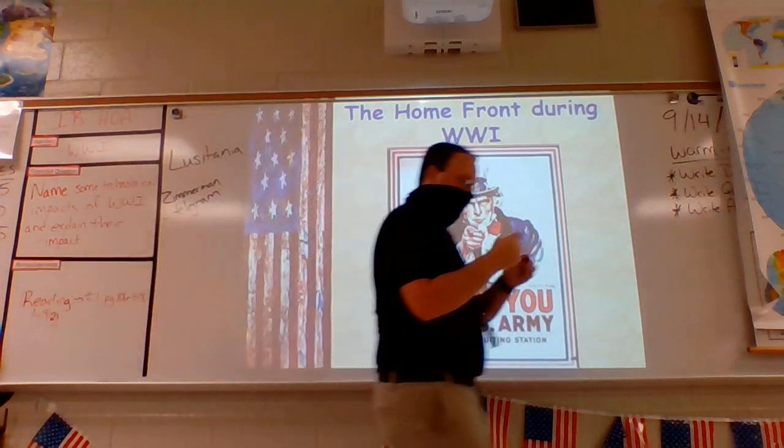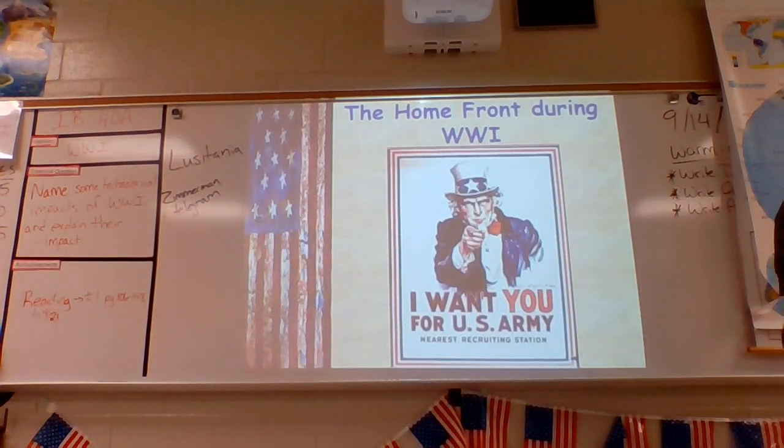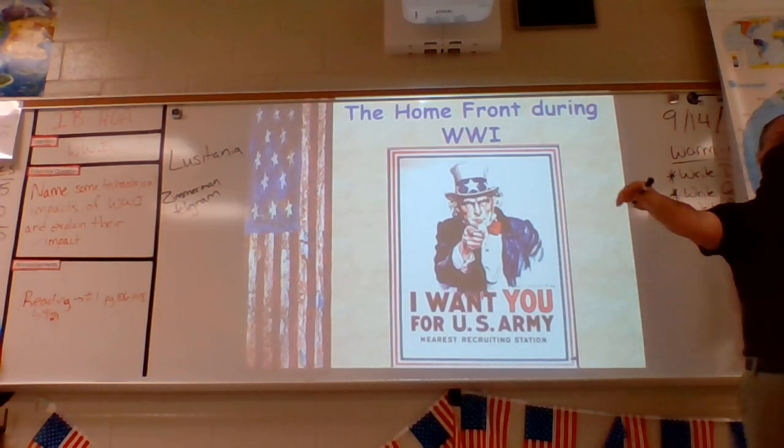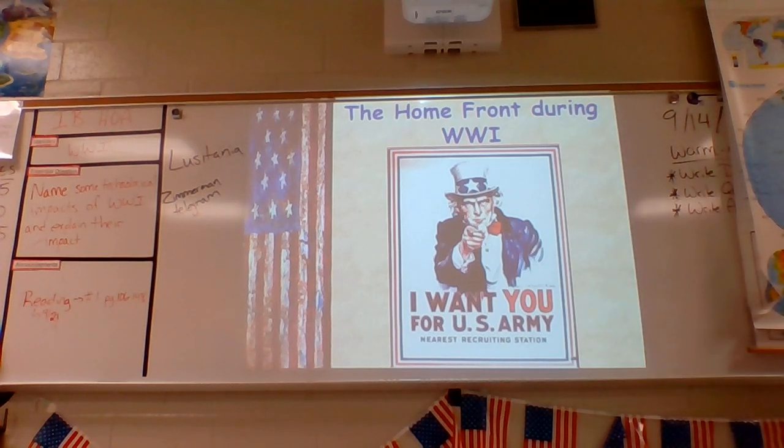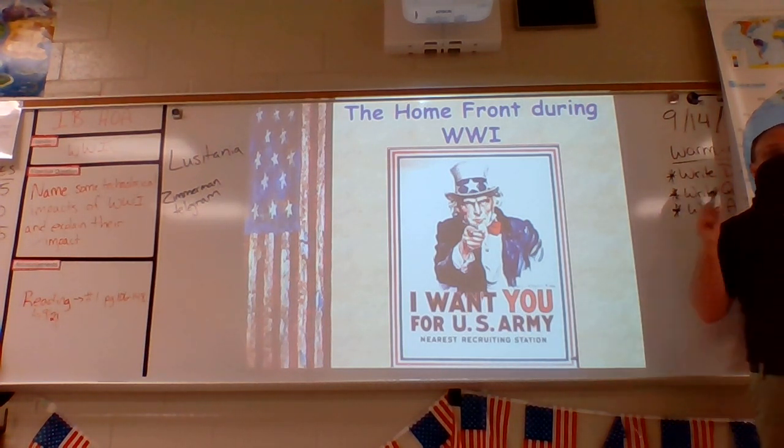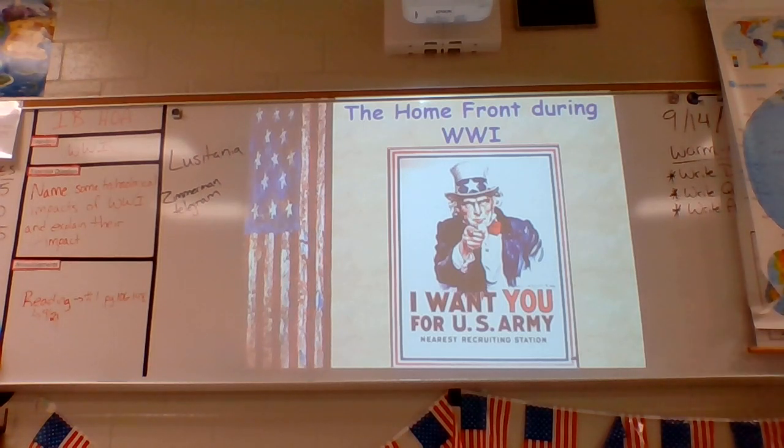Again, this was a German telegram intercepted and decoded by the British. It was Germany asking Mexico to attack the United States, to distract the United States from getting involved in Europe.